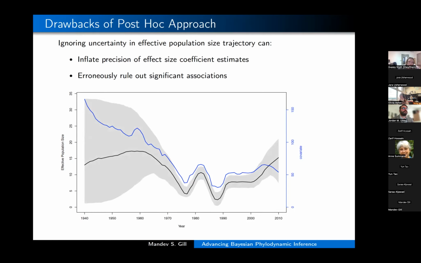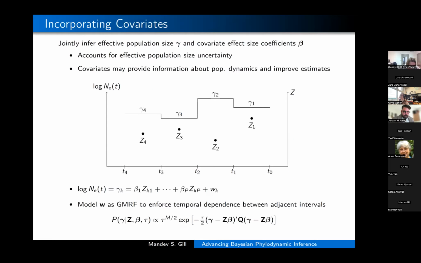So one might argue that the strong correspondence that we see when we have a lot of information about the effective population size should, in some sense, mean more than the discordance that we see when there isn't much information about the population dynamics.